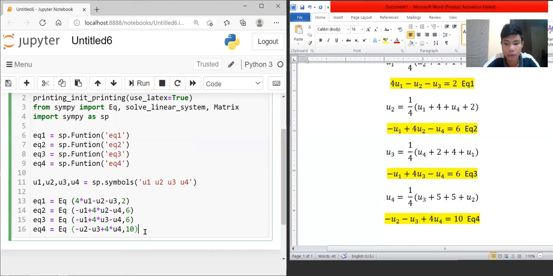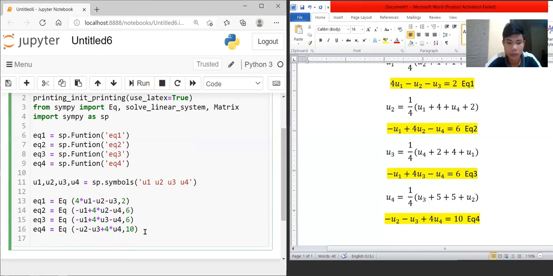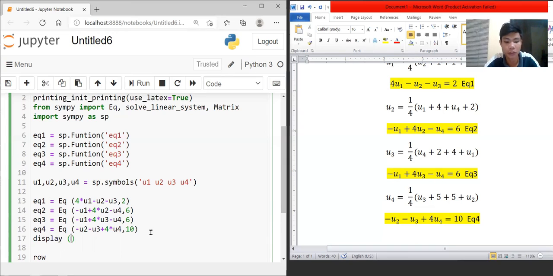Okay, so next we will proceed to our variables, ilalagay natin yung ating matrix row. But before that, pwede pala natin ipakita yung ating each equation, yung ating apat na equation.